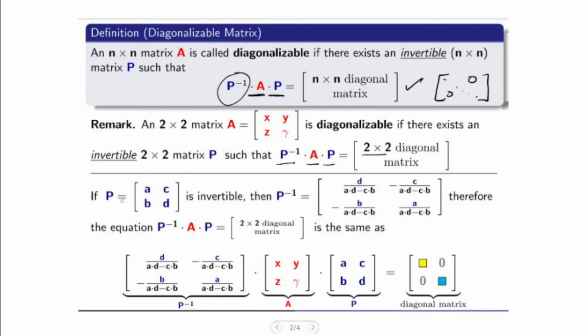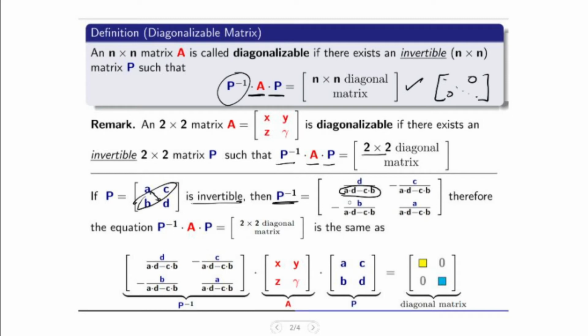So if you have P written as a, b, c, d here, and it is invertible, which means it has an inverse, and its inverse would look something like this, where the denominators are the determinant of P. So you have a times d minus c times b.